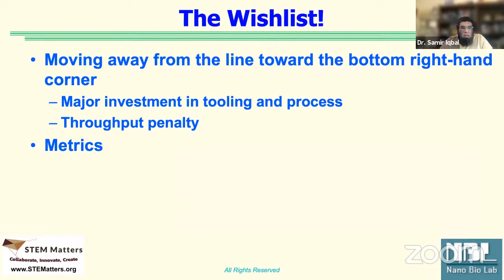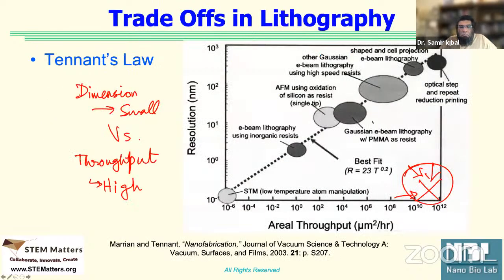But that wish would come at a cost. We need to invest in tools. We need to change processes and recipes. We have to characterize and find out the best recipes using existing tools, which takes money. But it's always going to be a penalty on how fast we can do, right?